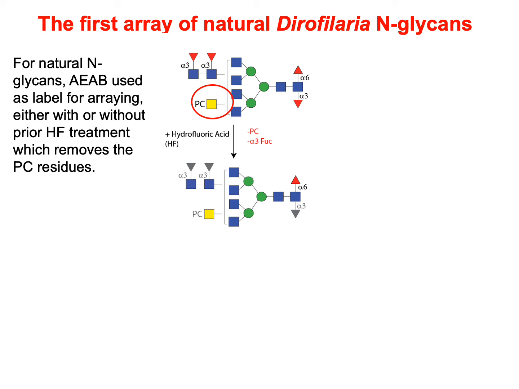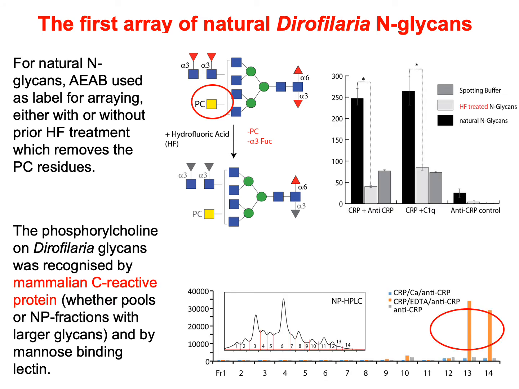Now we took pools of glycans, either not treated with hydrofluoric acid or treated with hydrofluoric acid, labeled them with AAB, and then put them on glass slides, and found very nice binding to C-reactive protein.